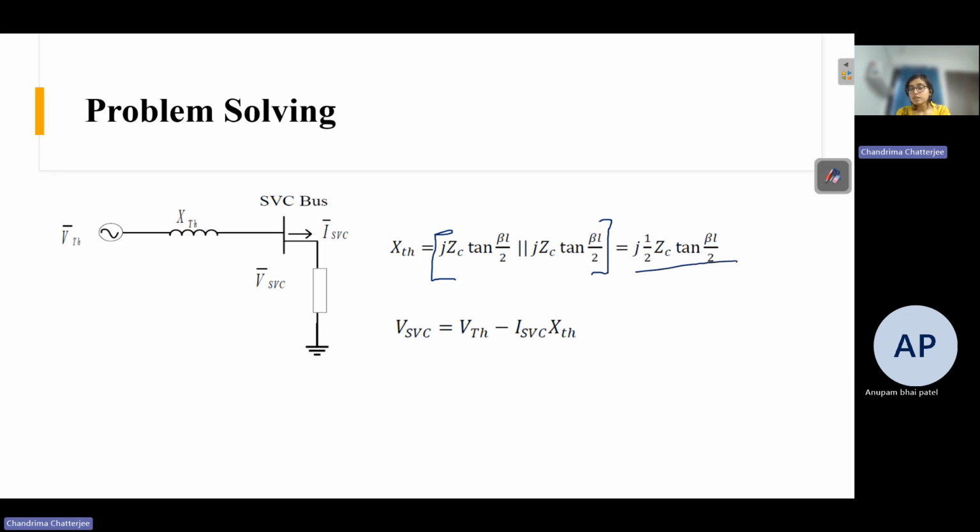So the effective Thevenin impedance is half ZC tan beta L by 2. If you apply KVL in this loop, you will get VSBC equal to V Thevenin minus ISBC XTH. What is ISBC? ISBC is the current flowing through this SBC, this current.